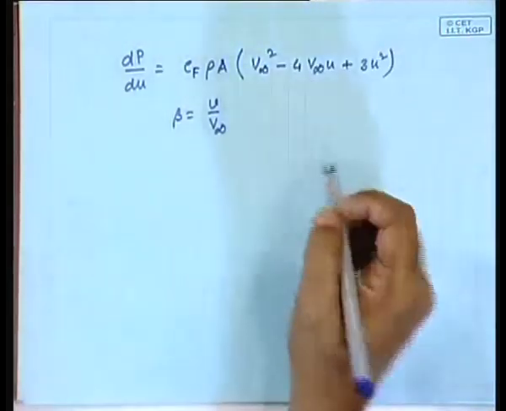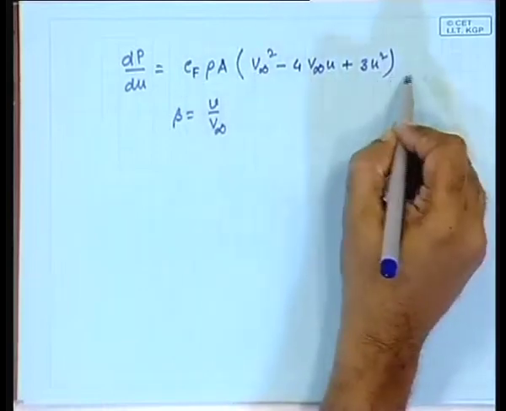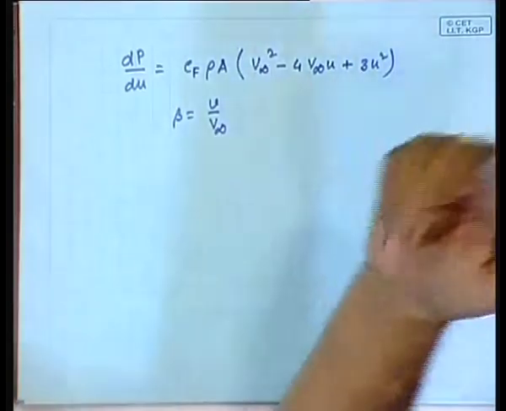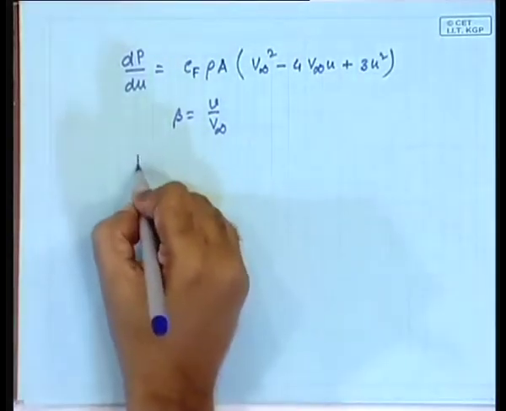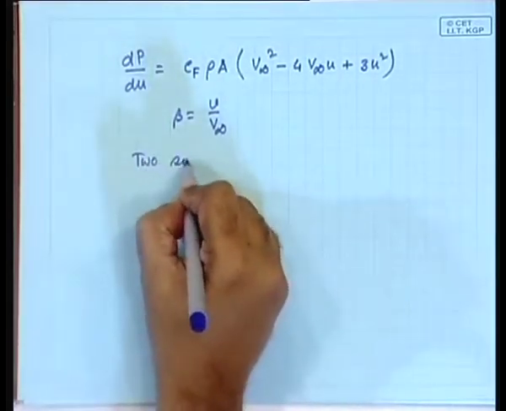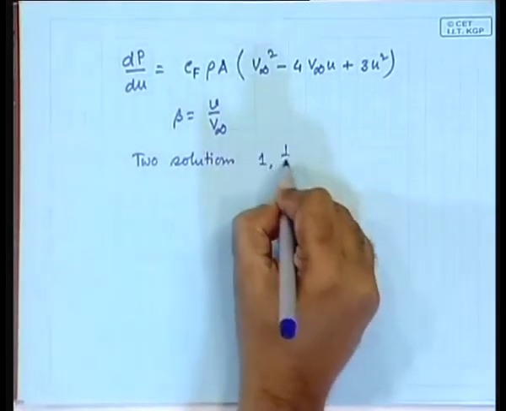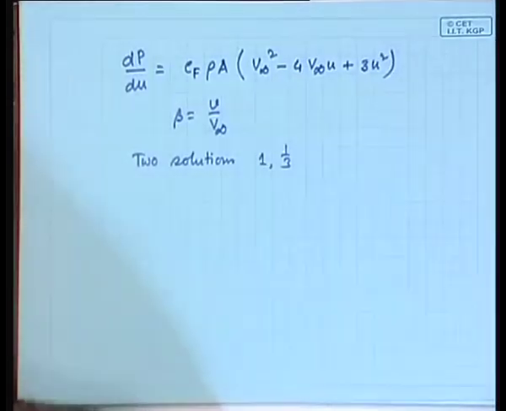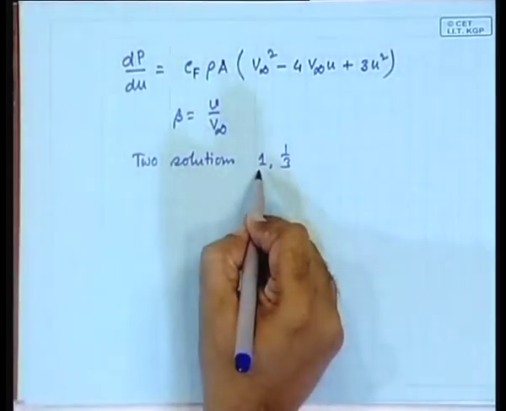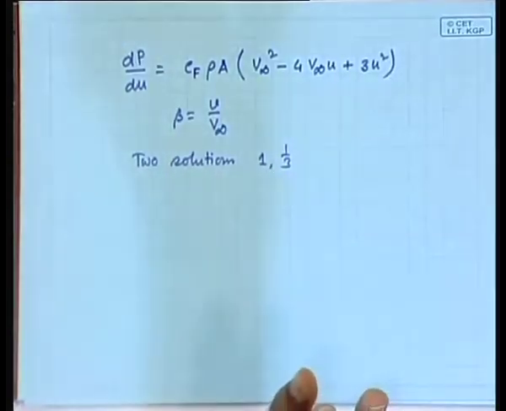So if you express this and solve this polynomial equal to 0, you get again two solutions, 1 and 1/3. Out of that, is beta equal to 1 feasible? No, 1/3 is the only possible solution.